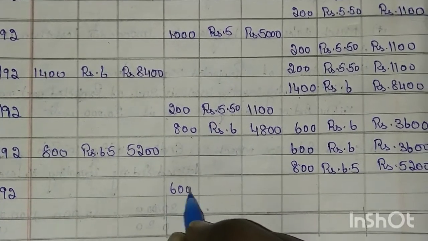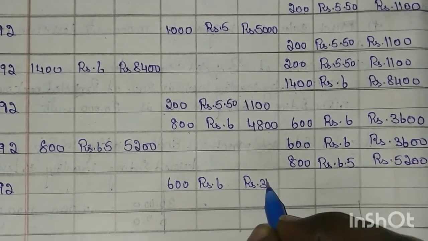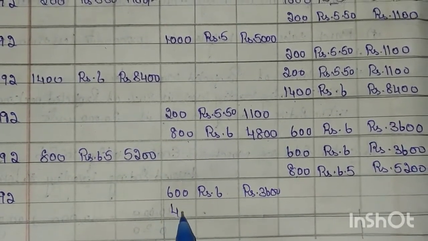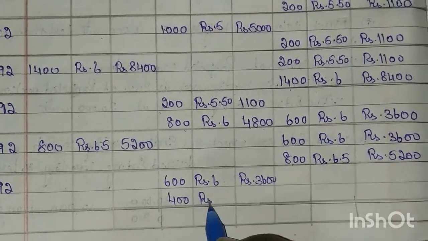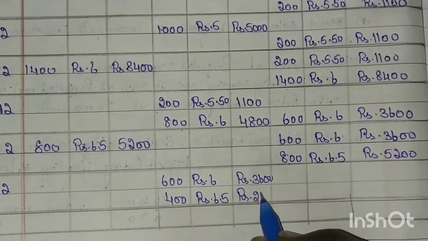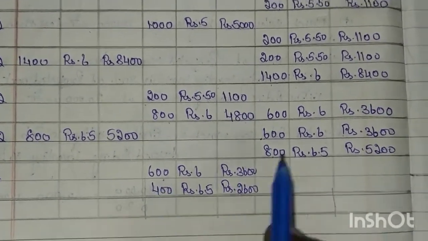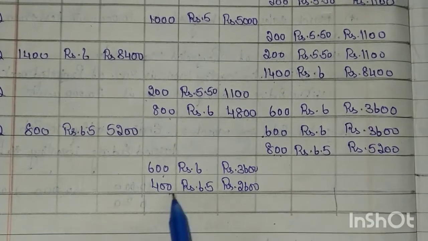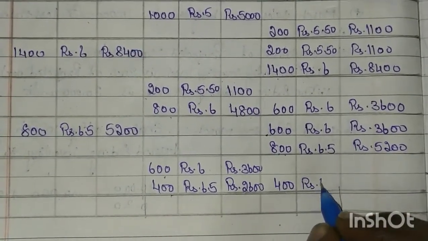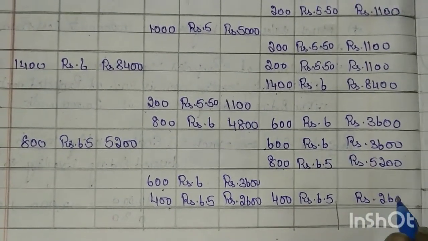So 600 at rupees 6, rupees 3600, and from these 800 we have to take 400 units at rupees 6.5, and the amount will be rupees 2600. Now this entire 600 we have issued, and from these 800 we have taken 400, so the remaining balance will be 400 at a price of rupees 6.5, and the amount will be rupees 2600.